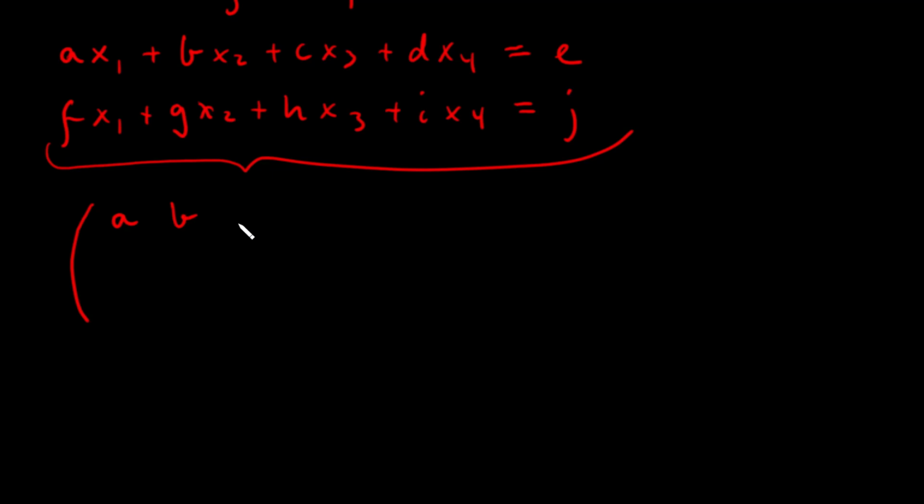That will be a, b, c, d here, and then on the next row we will have f, g, h, and i, like this.